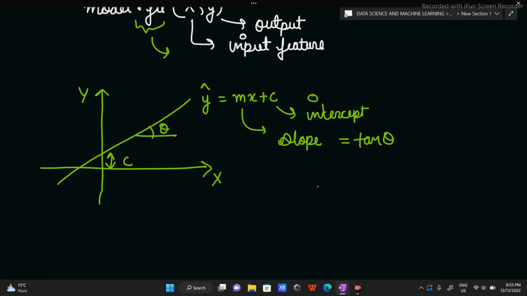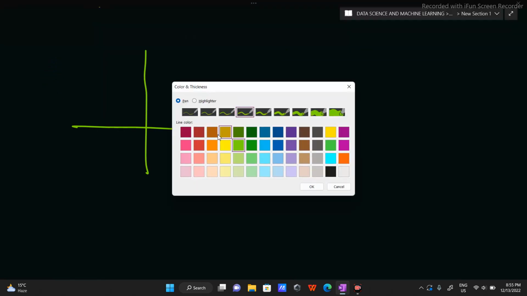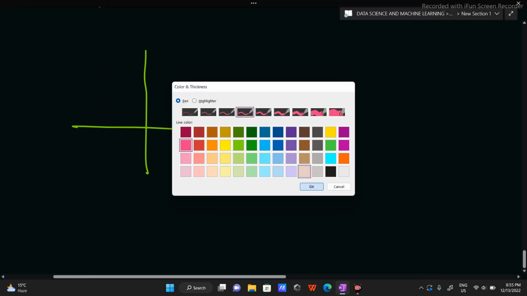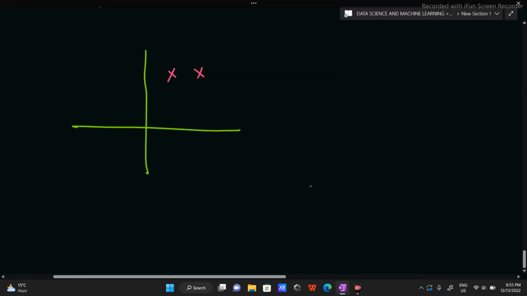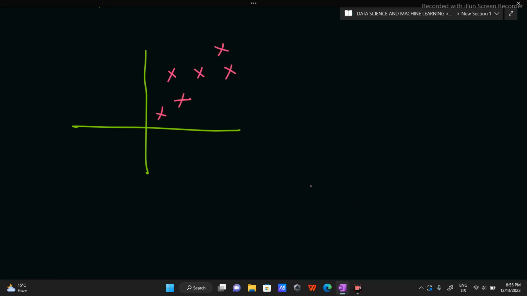This is the simple equation of a line. But what happens in linear regression? How is this even relevant to me? How am I going to train my model based on this? So let's take another example. This is our graph, and our input features are distributed all over, let's say this and this.